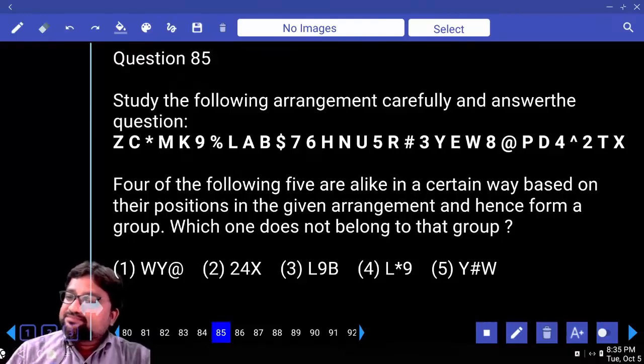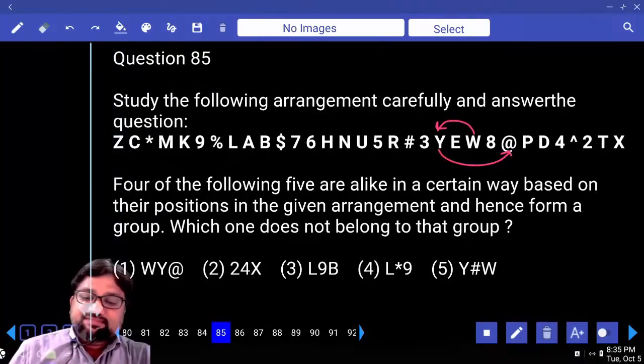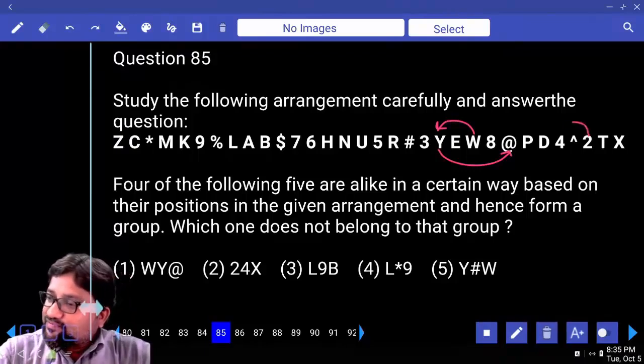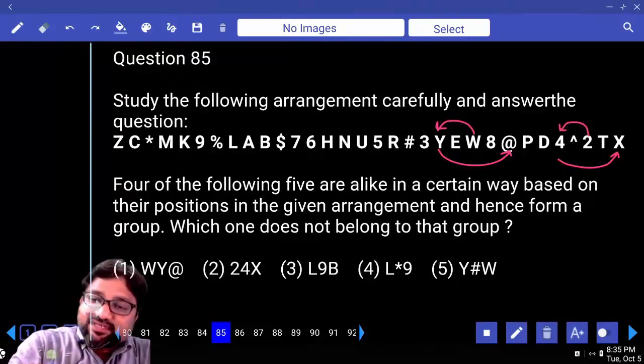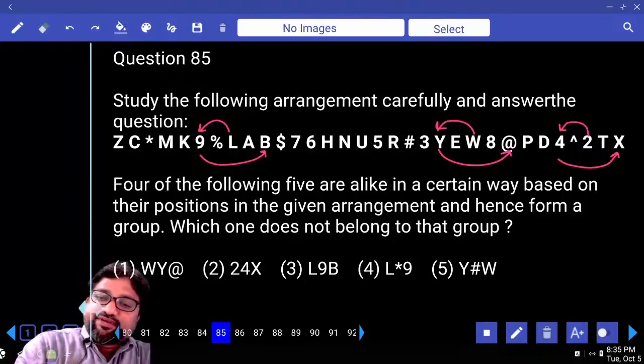W Y at the rate. W Y, second left at the rate is 1, 2, 3, 4, fourth right. 2, 4x. Second left of 2 is 4, fourth to the right of 4 is x. L 9b. Second left of L is 9, fourth right of 9 is B. L star, oh you go very far away.